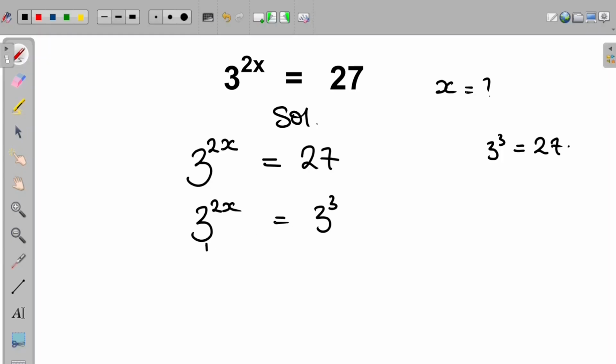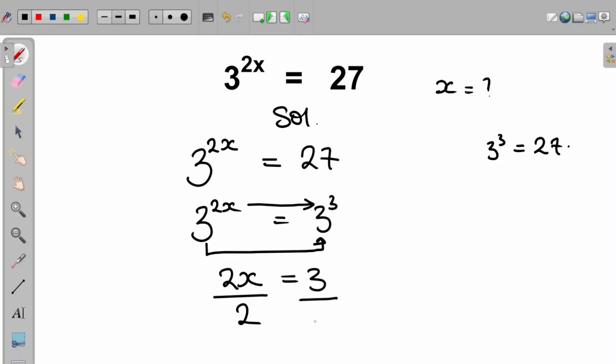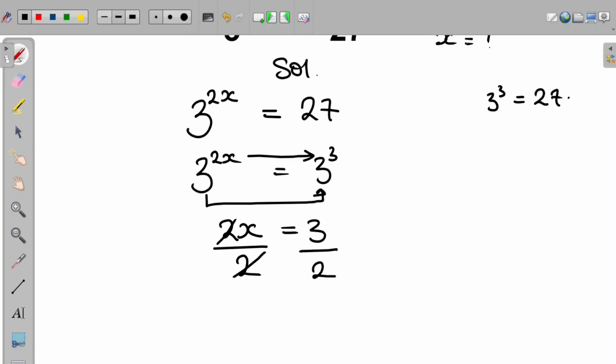Now, since we have the bases equal, then it is true that the indices are also equal. So this becomes 2x equal to 3. To obtain the value of x, we divide both sides of the equation by 2. So 2 cancels out 2, and x is equal to 3 divided by 2.